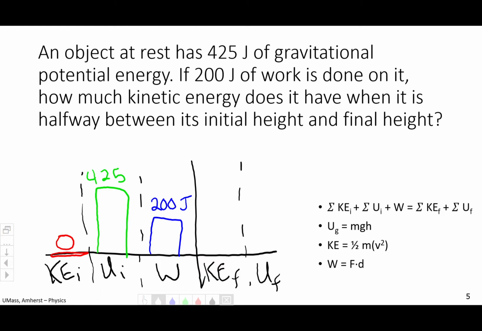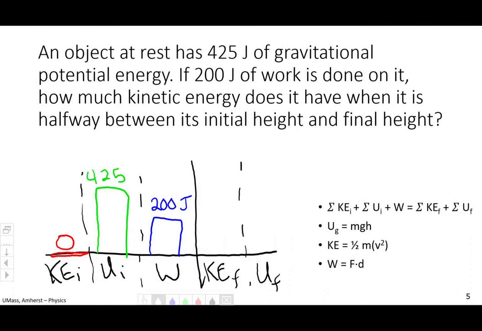So, let's parse this out. We need to think like a physicist in this case. We're doing 200 joules of work on an object that already has 425 joules of gravitational potential energy. That means it's already at a certain height above the ground. That 200 joules of work is going to be put into gravitational potential energy.